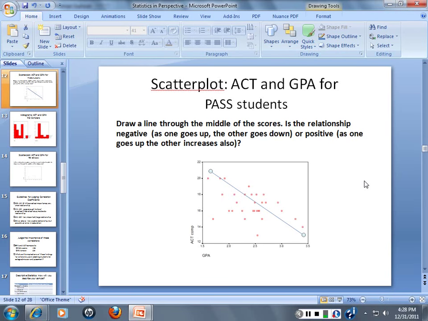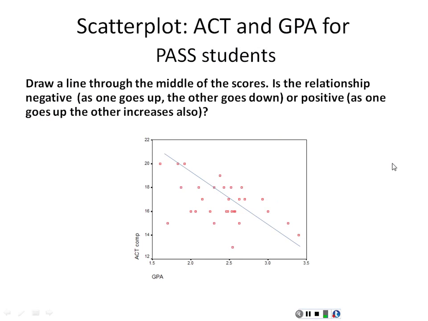Now, when you draw that line, is the relationship negative, as one goes up, the other goes down, or positive, as one goes up, the other increases also? And actually, what you can see is the relationship is negative, which is very interesting: as the ACT went up, the GPA went down.